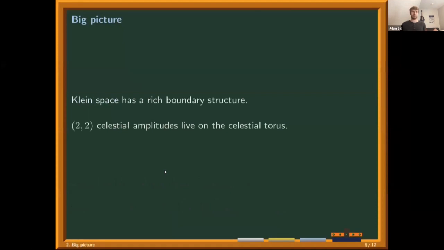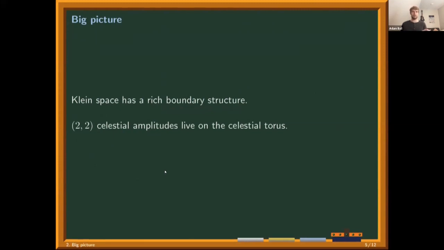You can have real on-shell 3-point amplitudes then. Yeah. So we cover a number of points within the paper. Pretty much all of them touched on by Andy yesterday, but since I'm short on time, I'm just going to concentrate on the conformal boundary structure of Klein space, which despite it just being boring flat space is actually surprisingly rich.